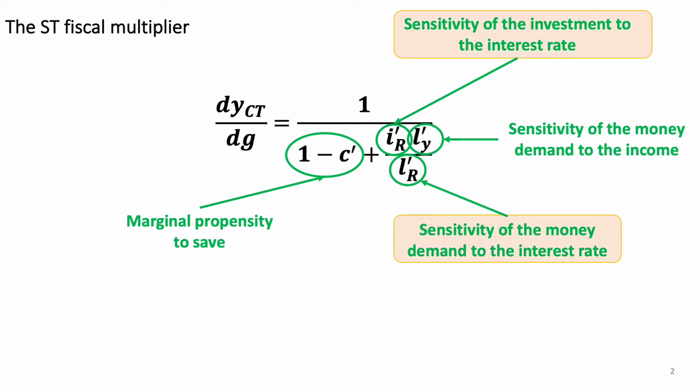We will focus our analysis on the sensitivity of investment and of the demand for money to the interest rate, because we know that the marginal propensity to save and the sensitivity of money demand to the income are relatively stable in the economy.